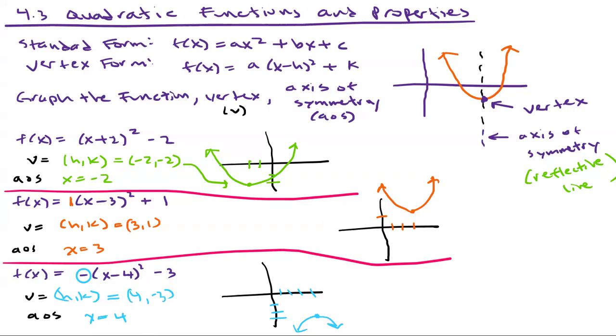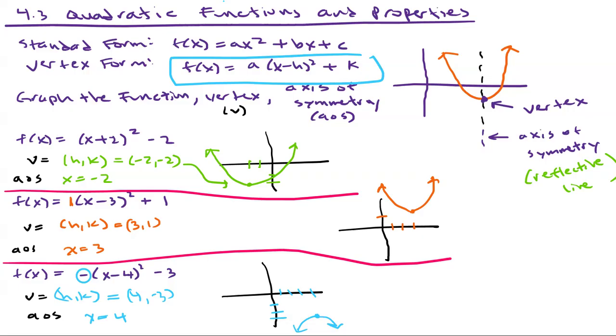All right. So I mentioned that I was going to explain why it's the opposite. Why do we go the opposite when we go left and right? So if you look back at this vertex form, we have x minus h. That's the formula.